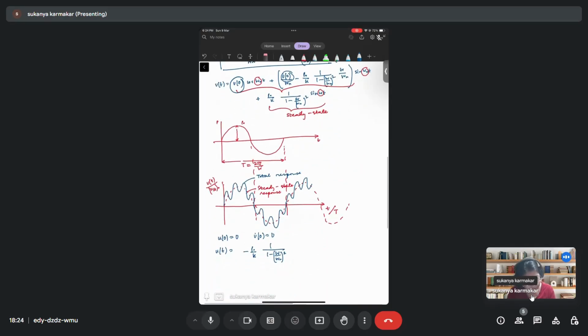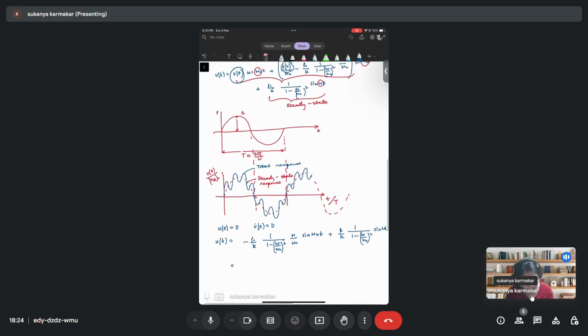then omega by omega n, sine of omega n t, plus p naught by k, 1 by 1 minus omega by omega n whole square, sine of omega t. Now here if I take p naught by k, 1 by 1 minus omega by omega n whole square common, I am left with sine of omega t minus omega by omega n sine of omega n t, right?